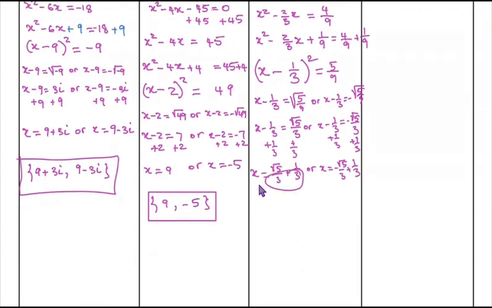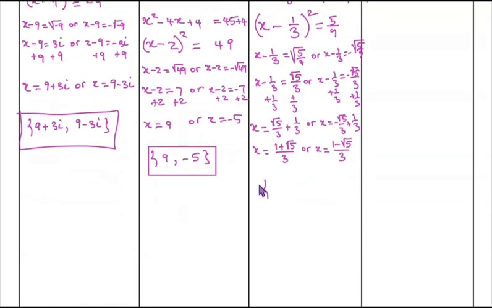Common denominator is 3. We can add the top. So x equals 1 plus square root of 5 over 3, or x equals 1 minus square root of 5 over 3. Your solution set is 1 plus square root of 5 over 3, or 1 minus square root of 5 over 3.